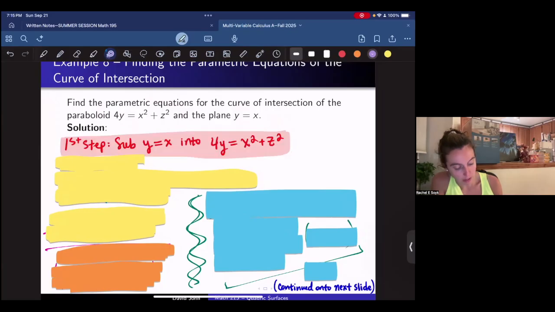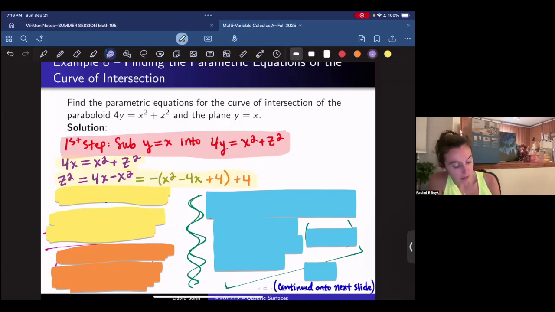And so when we do that, we end up with 4x is equal to x squared plus z squared. And then we're going to isolate our z squared, and we're going to bring the x's all over to one side. And so we get z squared is equal to 4x minus x squared.